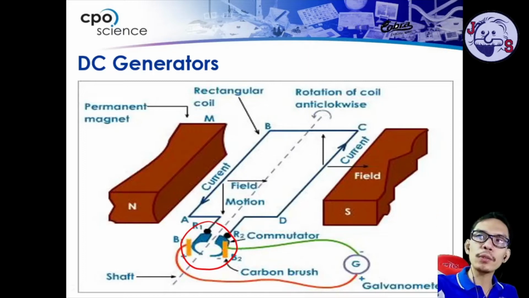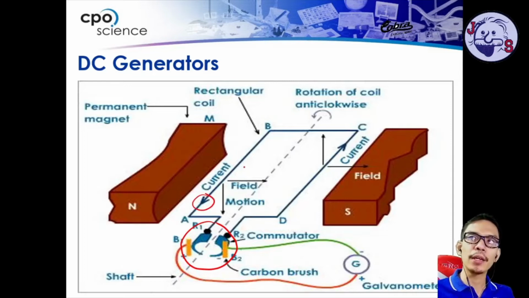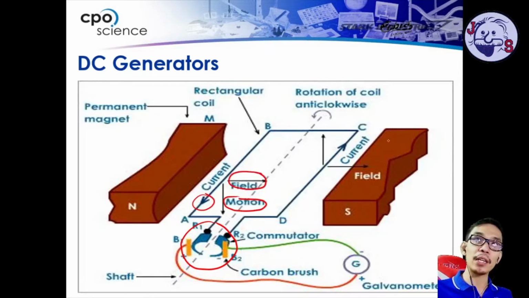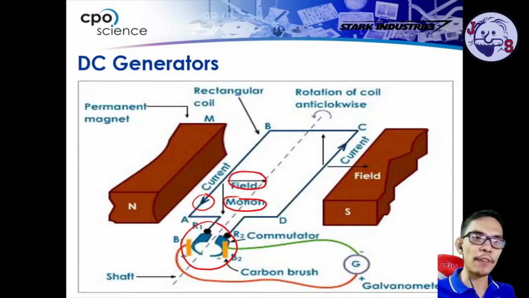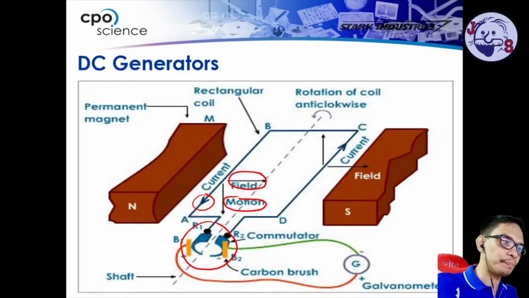Now, if you want to know the direction of current, the direction of the force, and the direction of the magnetic field in a generator, you can use the left-hand rule. The right-hand rule, the second right-hand rule, is used for electric motors.